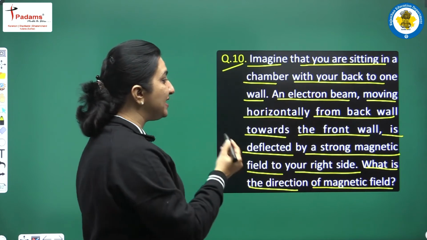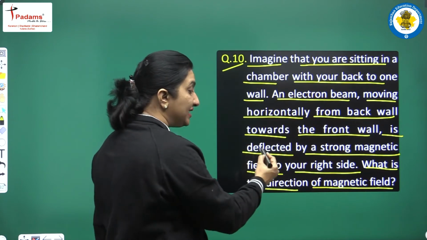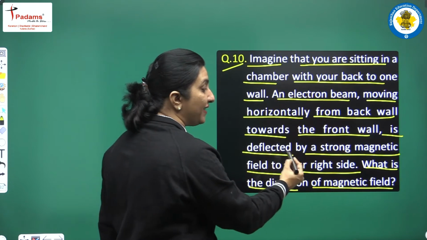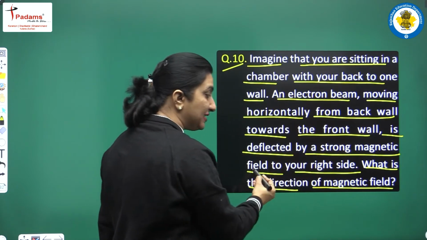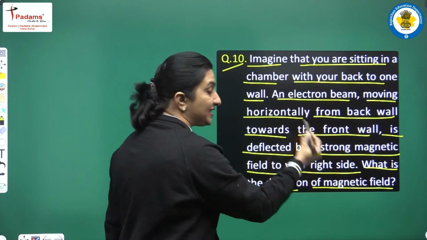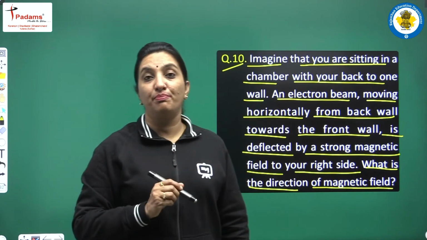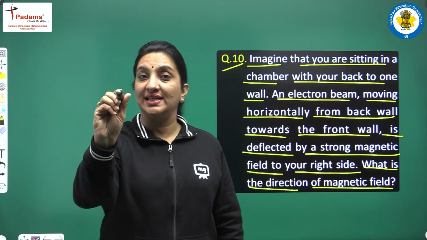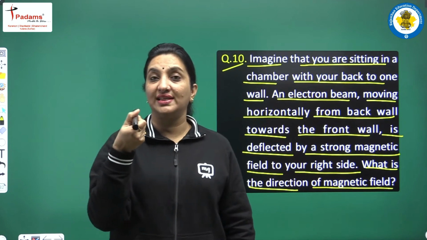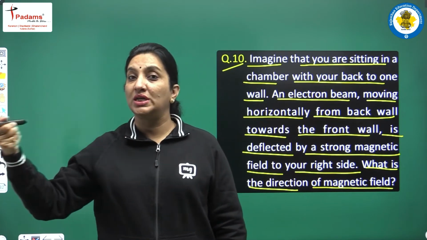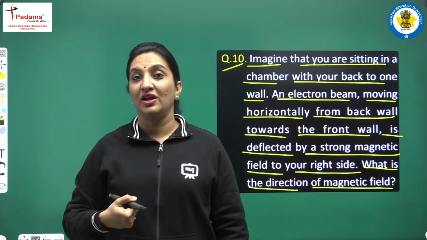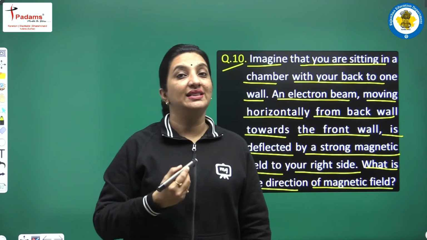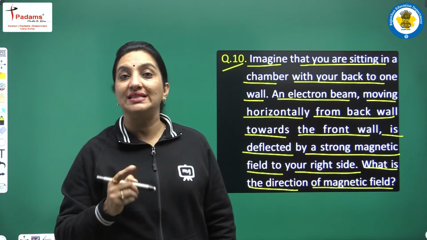Now what we see is that this electron beam is deflected by a strong magnetic field to your right side. Now this electron beam, which is moving like this, that is, the current is moving like this, gets deflected towards the right side. Now we want to calculate the direction of magnetic field.